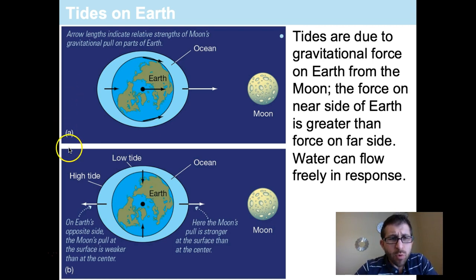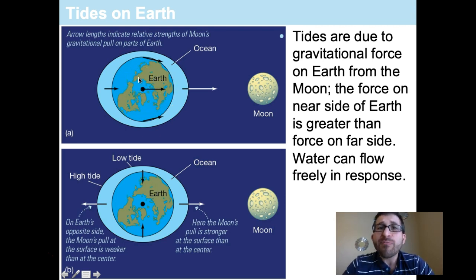First, we've got a high tide on the near side of the Earth, towards the moon, because here the moon's pull is stronger and it pulls the water towards it. But on the opposite side, the moon's pull is weaker. And remember, the Earth itself, as this top diagram shows, is also being pulled towards the moon.